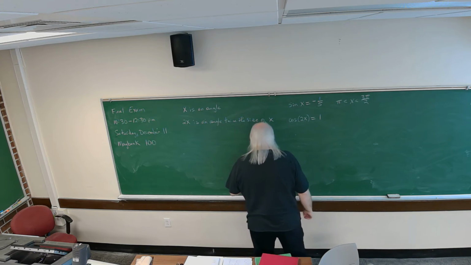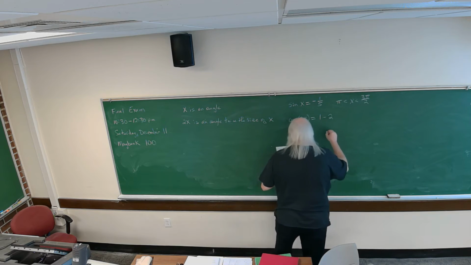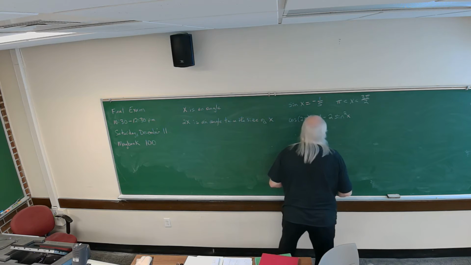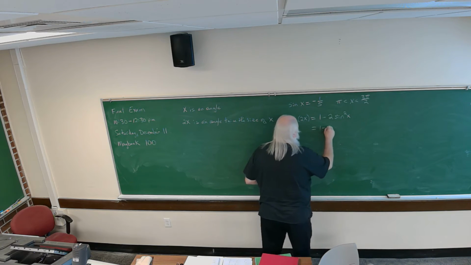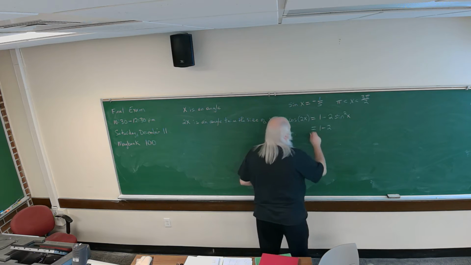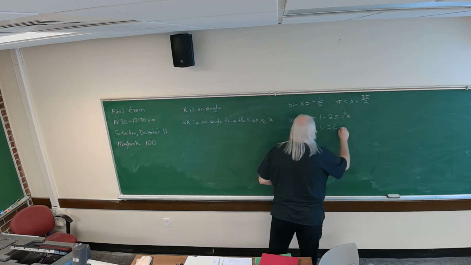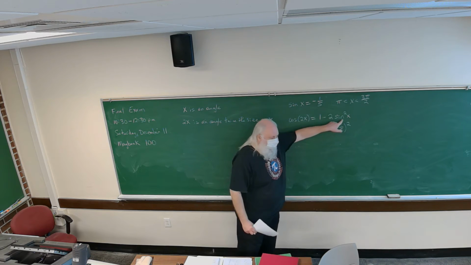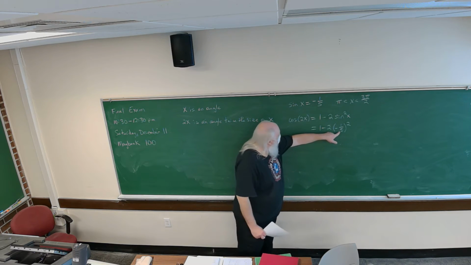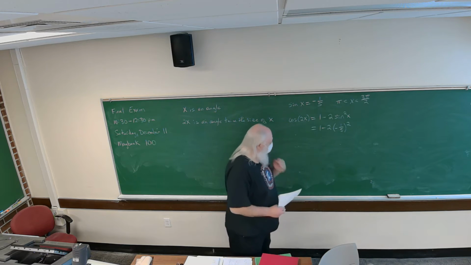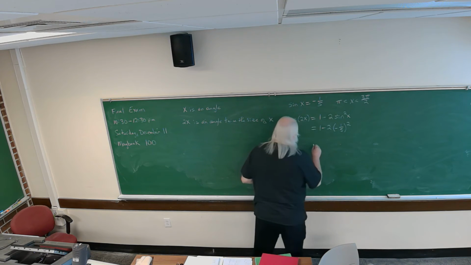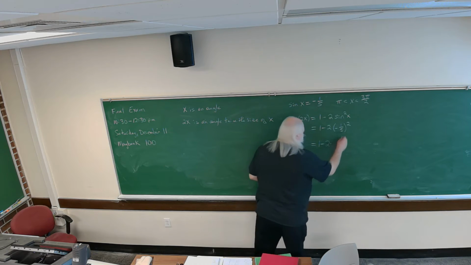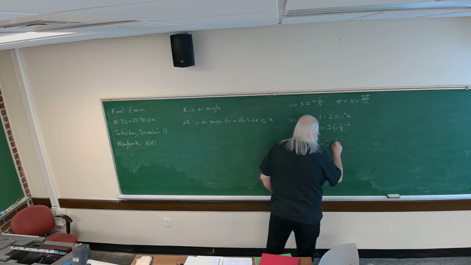if cosine of 2x is equal to 1 minus 2 times the sine of x squared, and sine of x is minus 1/5, we square that, right? So this is sine of x squared. This is sine of x is minus 1/5, so we got to square it. Well, minus 1/5 squared is 1/25.